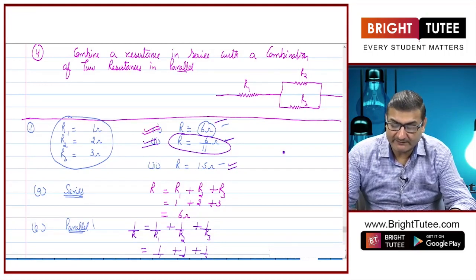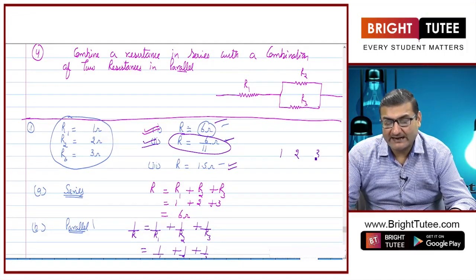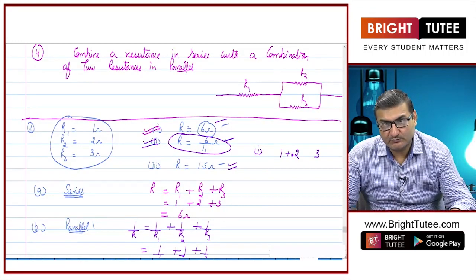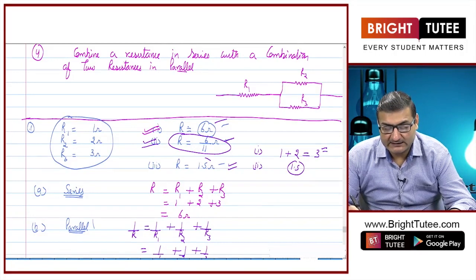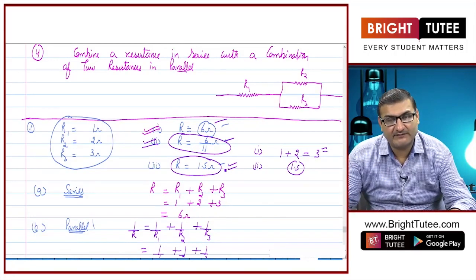We are given 1 ohm, 2 ohm and 3 ohm. The first condition we wanted was that the sum of the initial two lower resistances should be equal to the third one. The second condition was that my answer should be half of the third one, and this is half of third, that is 1.5 ohms.